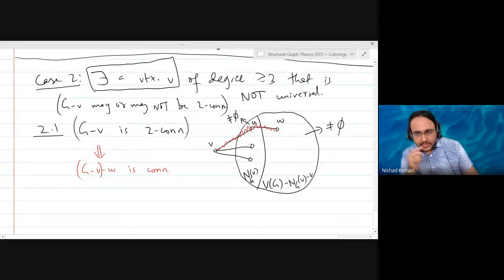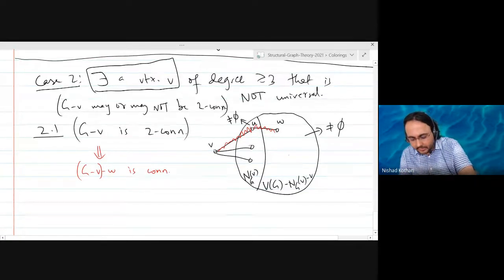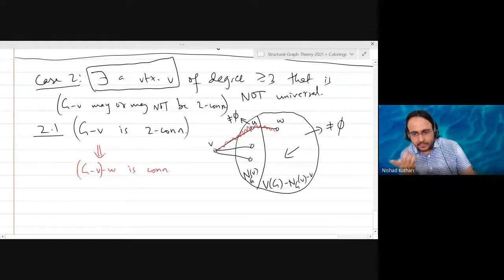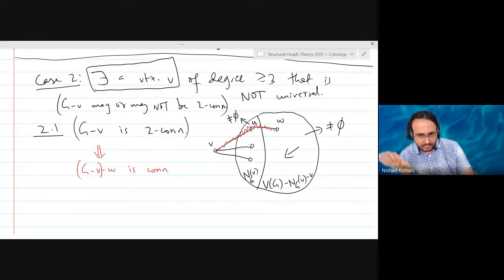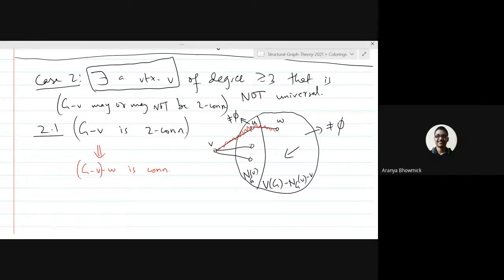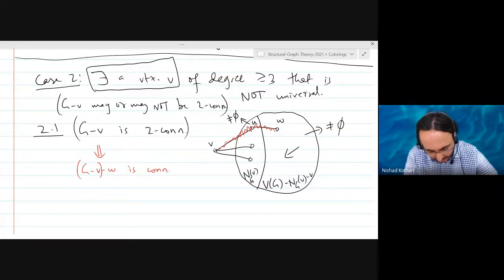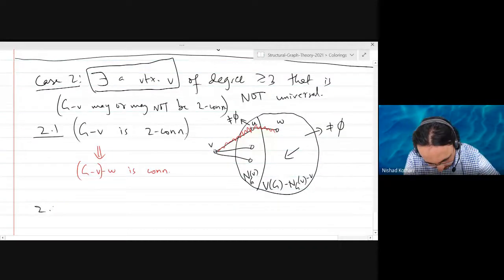Well, because the graph is connected, there is some vertex in this set on the right hand side which is a neighbor of some vertex on the left hand side, which is the neighbors of the vertex V. There has to be some vertex W which is directly joined to some vertex U by an edge, and U is a neighbor of V. Okay, I got it. So that is case 2.1. We have found a Brooks cherry. We are done.